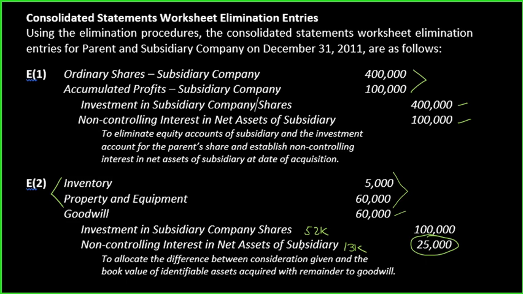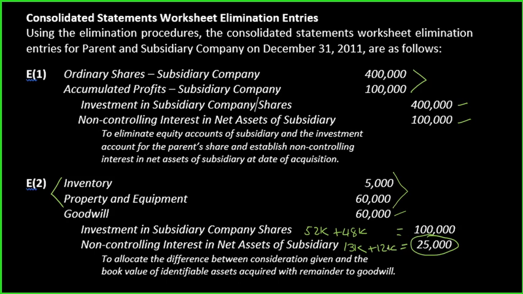Okay, na-revalue na natin. Next, you record the goodwill. What is 80% of 60? That will be 48. 20% of 60, that will be 12,000. Now you have 25,000 and 100,000.